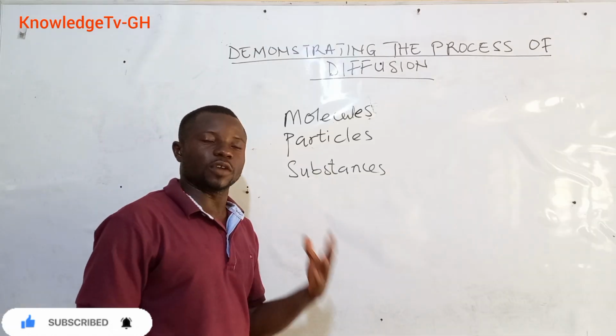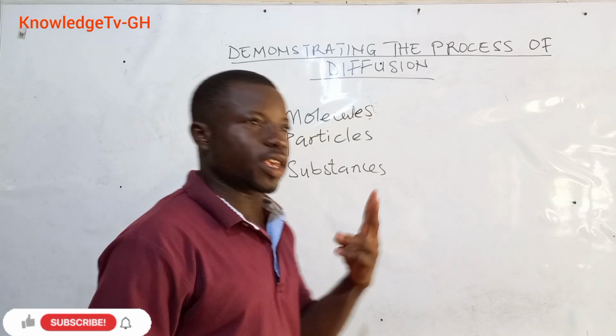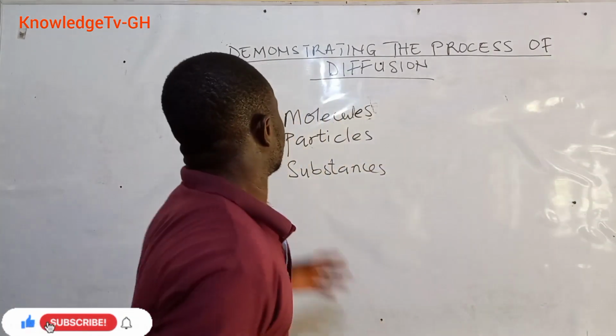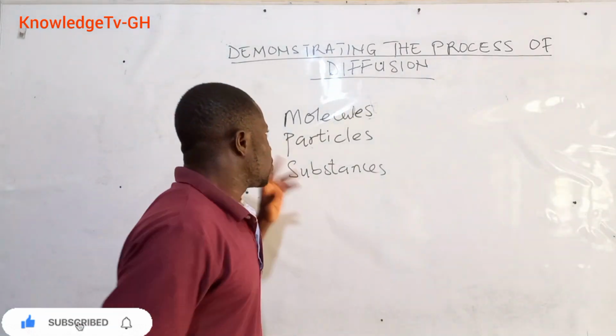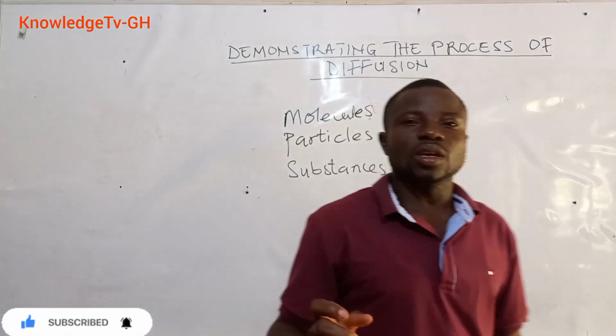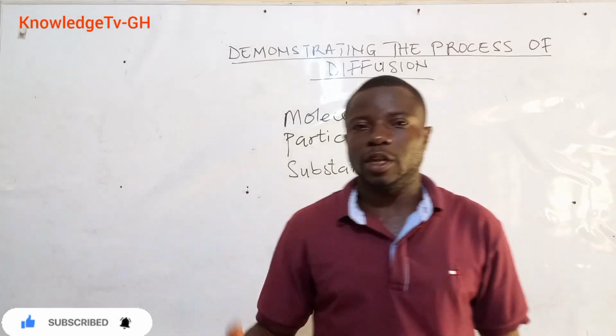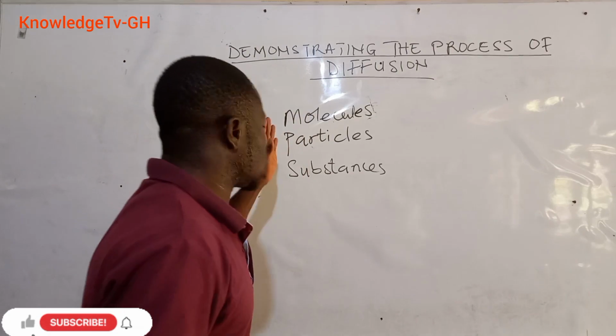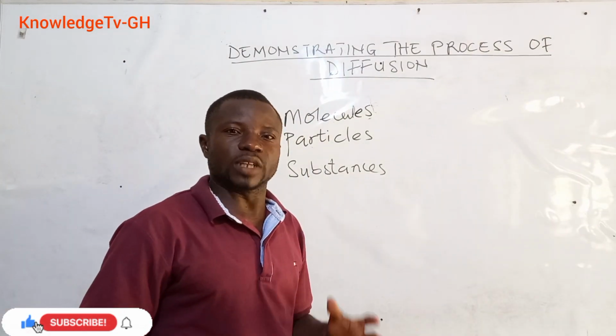When we are talking about diffusion, there are some key words that you must take note of. These are molecules, particles, and substances. They are the key words that can be used interchangeably. So if you want to define diffusion, you can use any one of them to define the term.